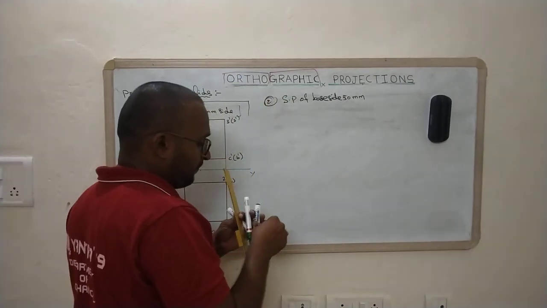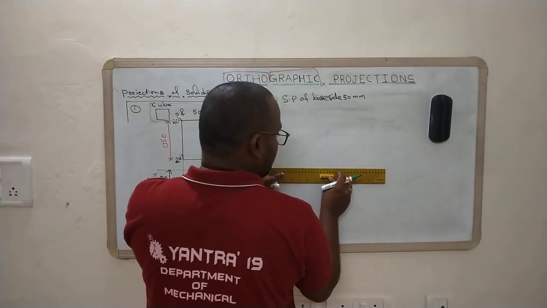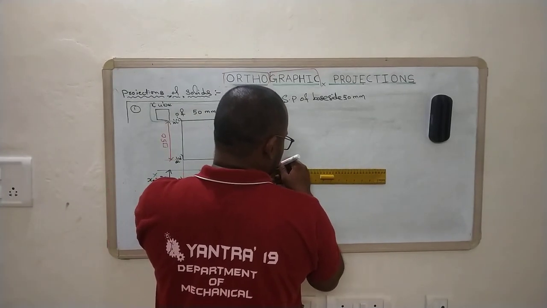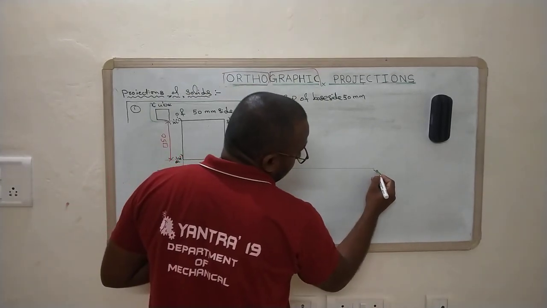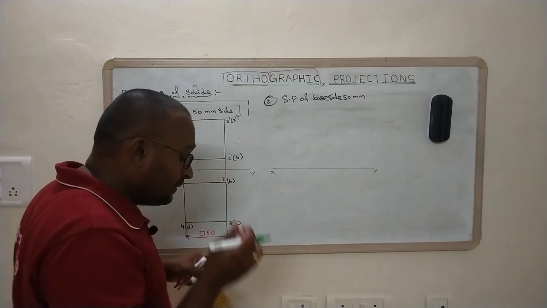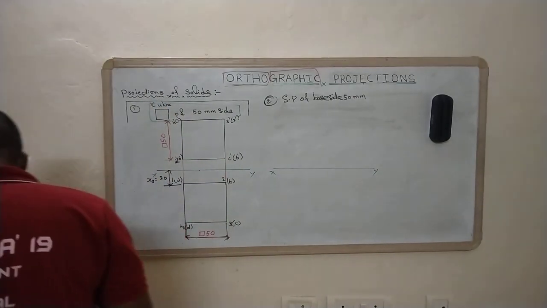Base side 50 mm. Initially we should start with the XY line, and then, as I said, we must start with the top view.